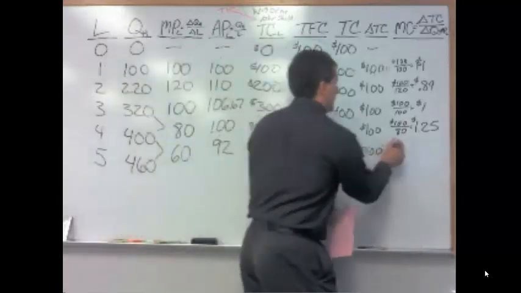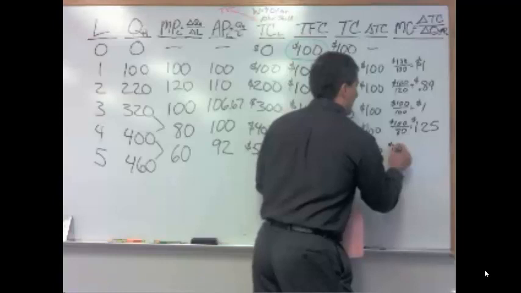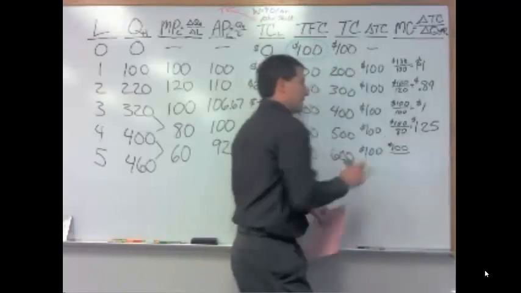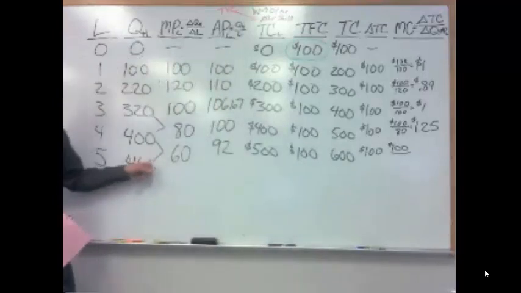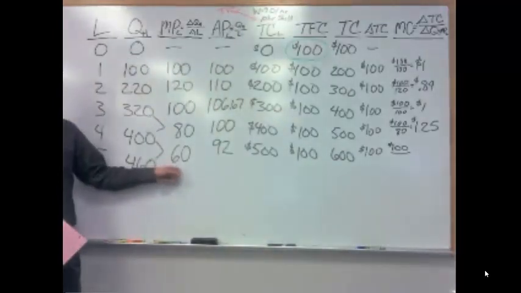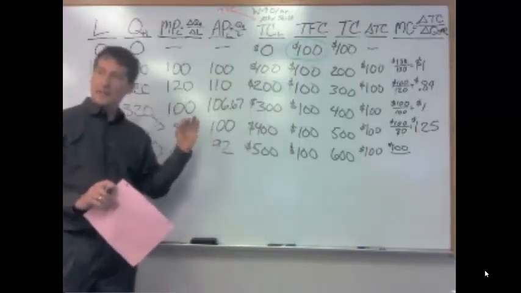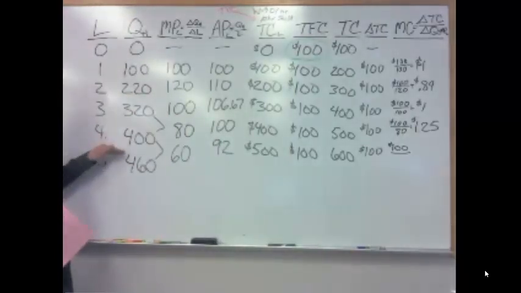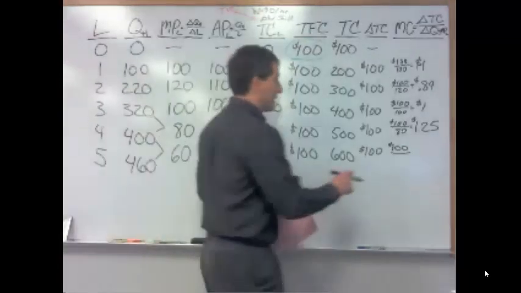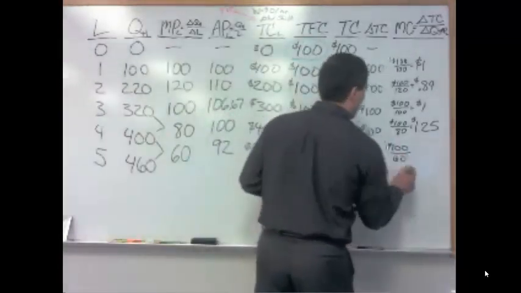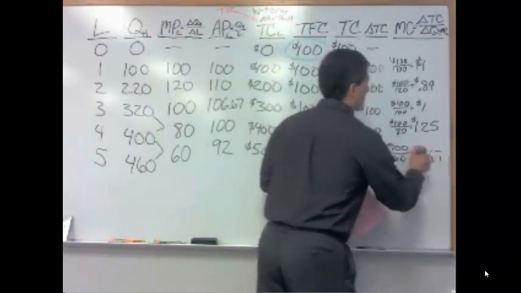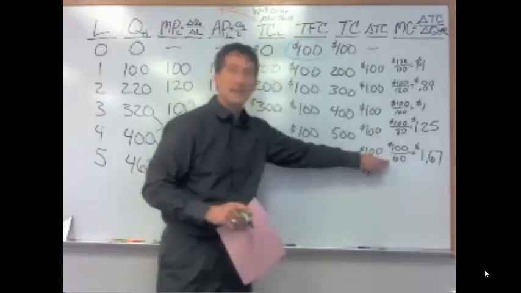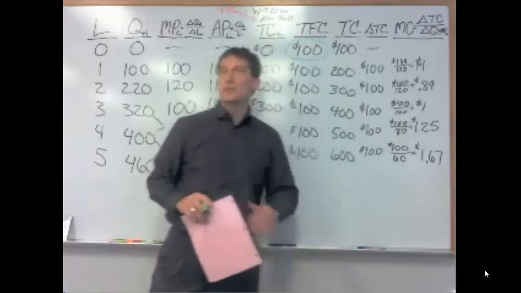And then finally, I hire another person and he drives up my cost $100, but the actual product that he adds to my production process is only 60. So effectively, the cost of those additional burgers that he helped make was $1.67. 100 divided by 60 is $1.67.